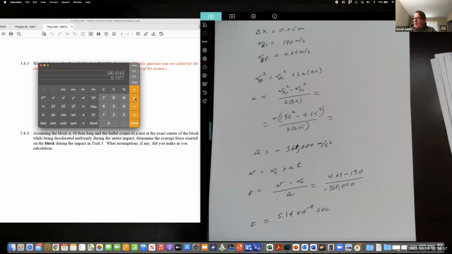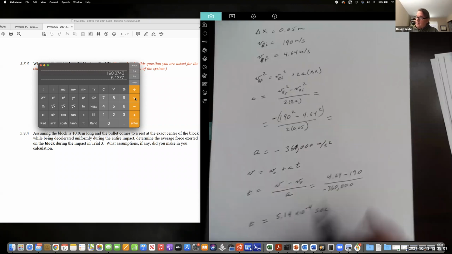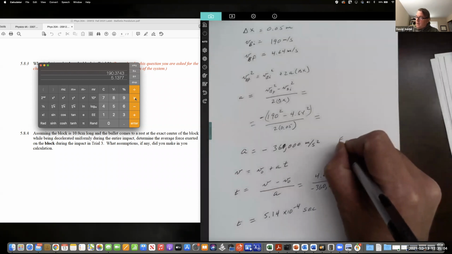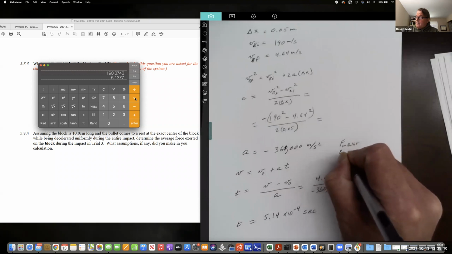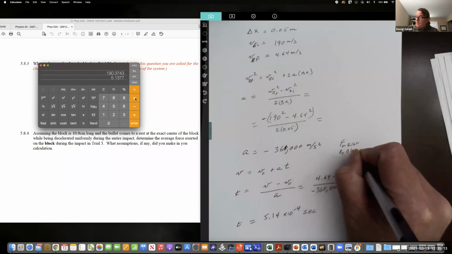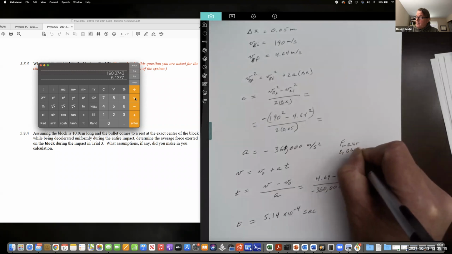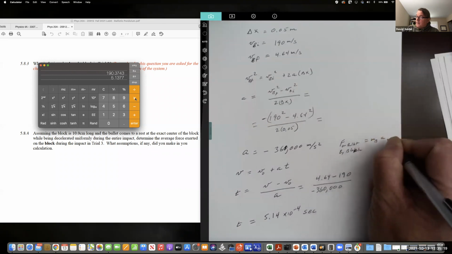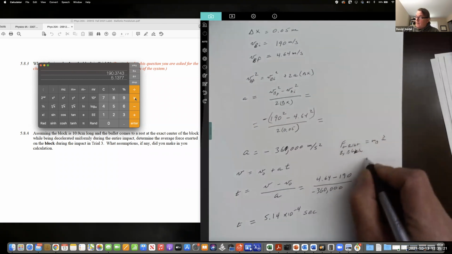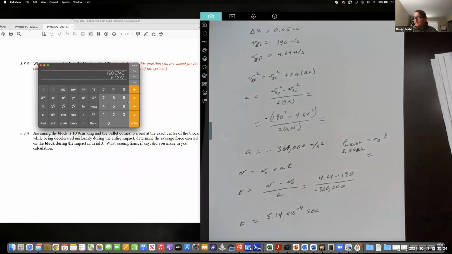I also can write my force on the bullet. My force on the bullet by the block equals mass of bullet times acceleration, which is equal to 360,000.